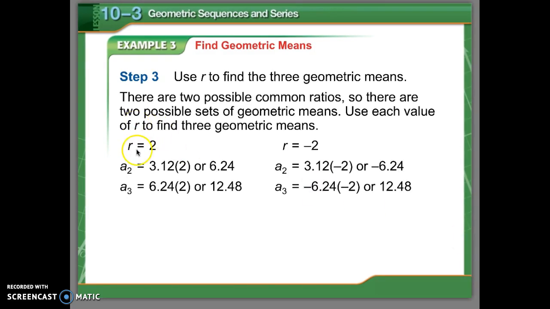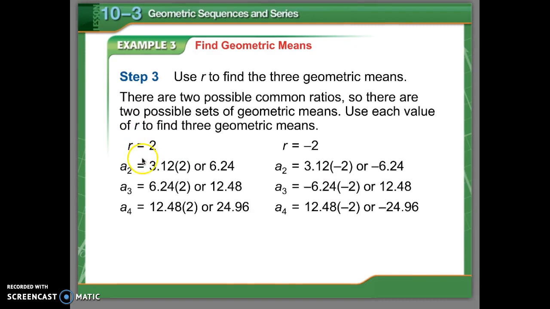If you use positive 2, then you could get 6.24, 12.48, and 24.96. If you use negative 2, you could get negative 6.24, positive 12.48, negative 24.96, which would then make the next term, the 5th term, positive 49.92.